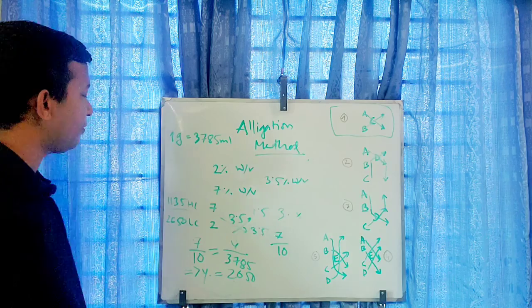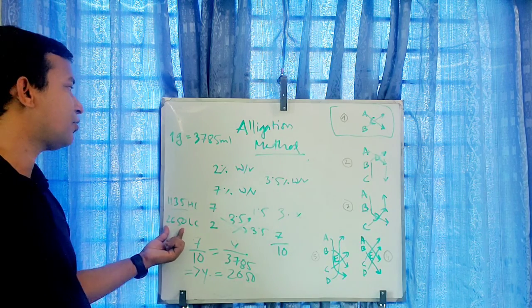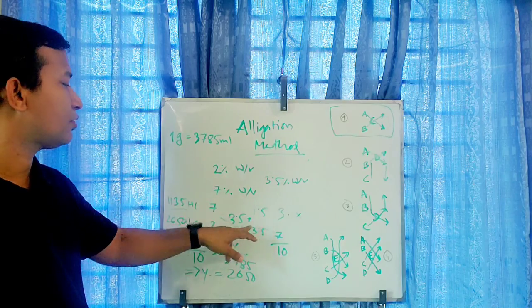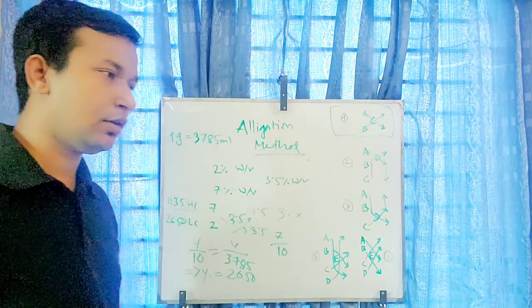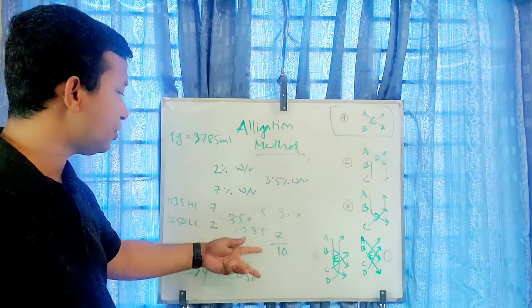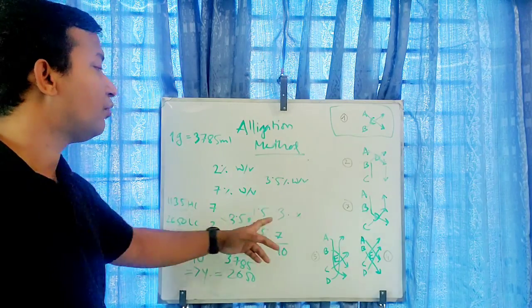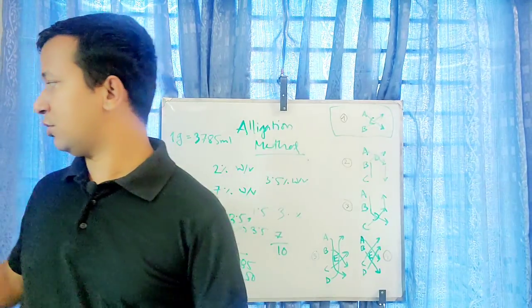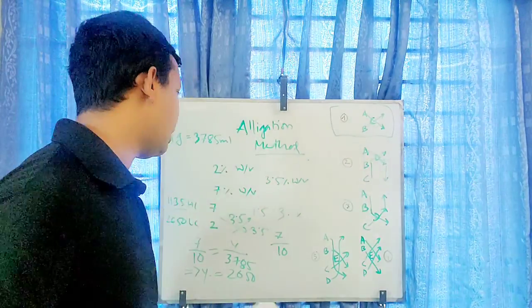So 1135 ml and 2650 ml mixed together, the final volume is 3785 and the final concentration is 3.5. That is the basic thing. So other than ratio, you are also calculating the final volume from these proportional calculations. So this is kind of an addition.